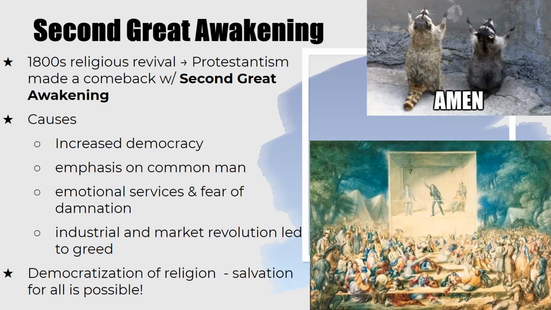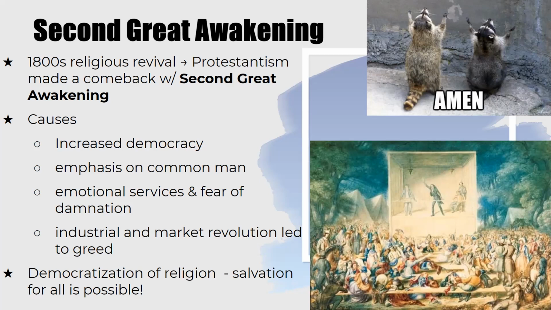But again, the effects are very similar to what we said with the First Great Awakening. There was this democratization of religion because it allowed people to have more of a say in their religion, and how that could be transferred to other areas of life, like a say in politics. The Second Great Awakening does the exact same thing. It's actually also partially caused by that expansion of democracy.